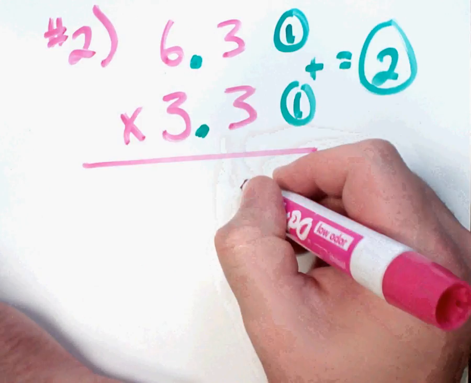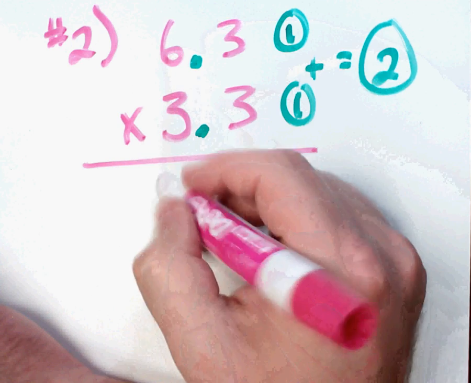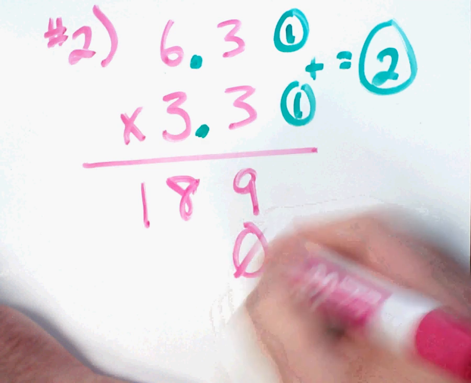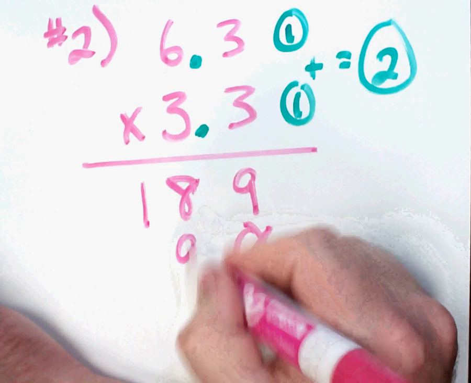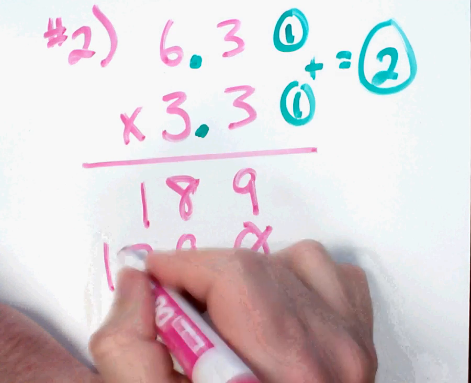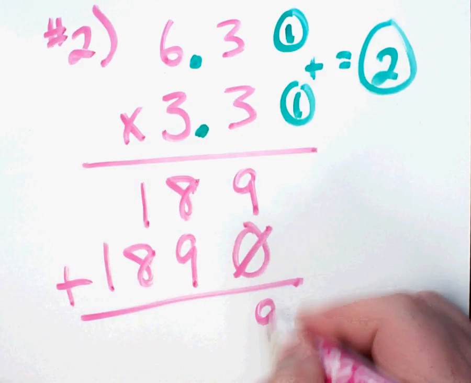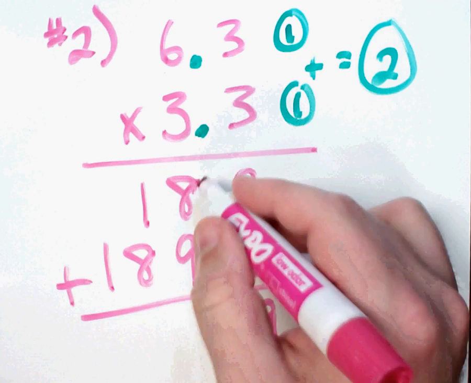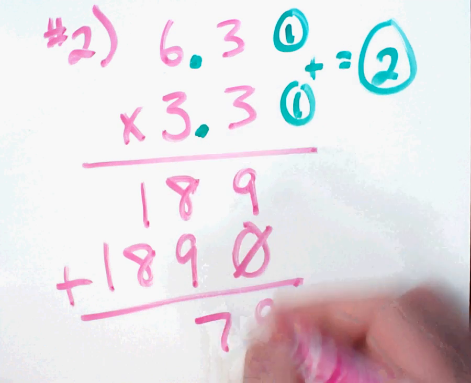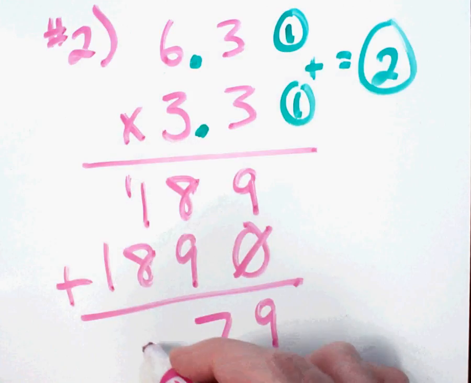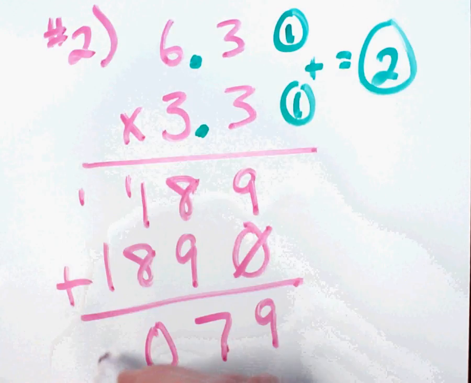3 times 3 is 9. 3 times 6 is 18. There's my first partial product. Set down my placeholder. 3 times 3 is 9. 3 times 6 is 18 again. And now I do my addition. 9 plus 0 is 9. 8 plus 9 is 17. Brain jumped ahead a little bit there. 1 plus 1 plus 8 is 10. Carry my 1. 1 plus 1 is 2.